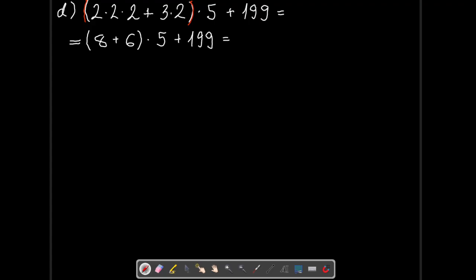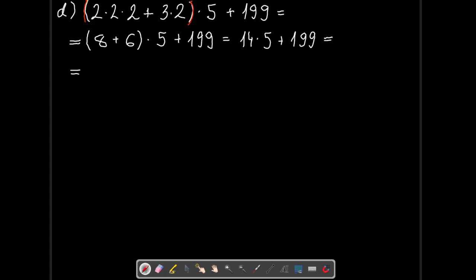And now the only thing left in brackets is addition. After we add 8 plus 6, we get 14 times 5 plus 199. And now all that is left is addition and multiplication. Once again, we solve the multiplication first.